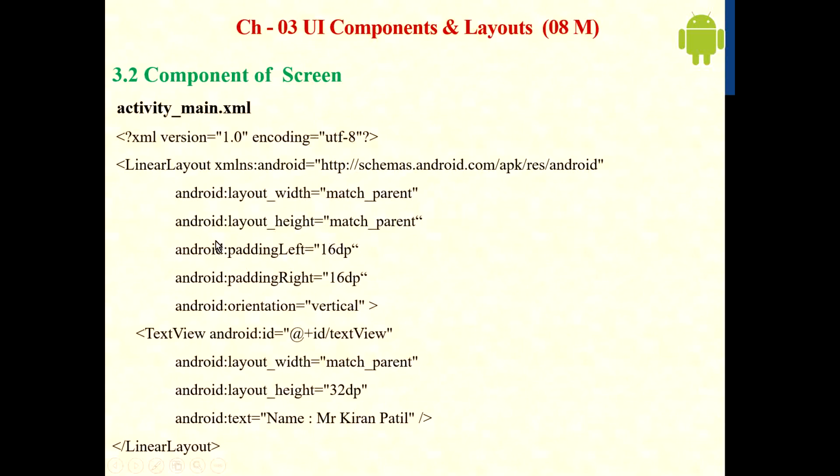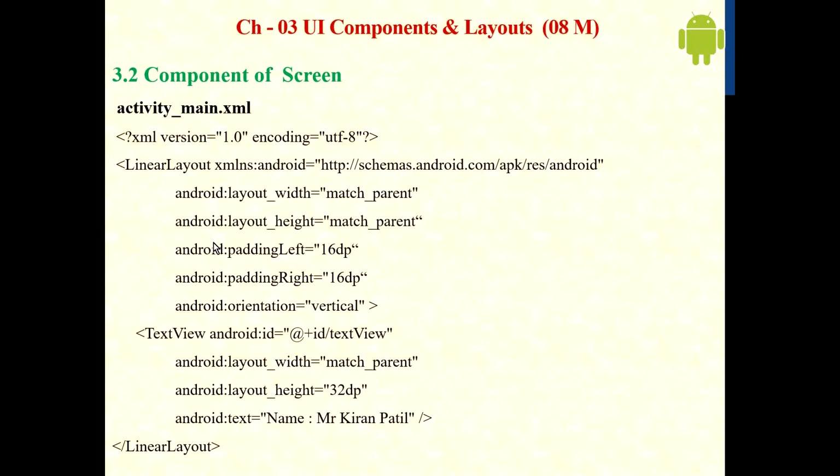Okay, so what is a component of a screen? When you open Android Studio and start any new project, at that time one screen is displayed. Okay, that screen is called the component of screen.